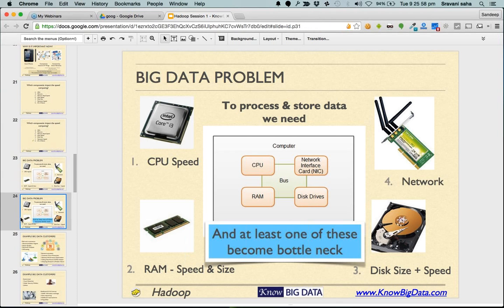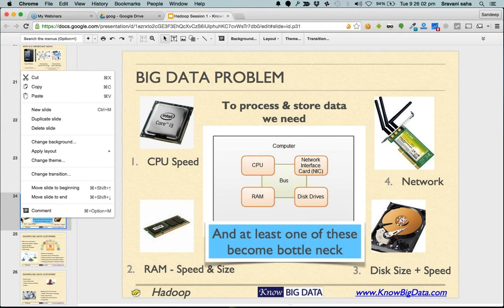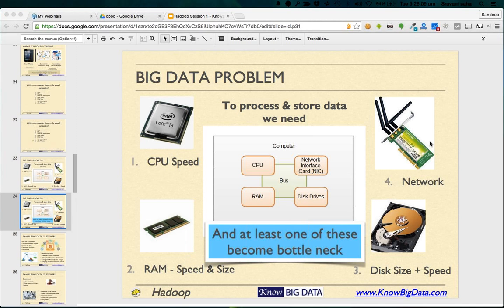All right. So when we deal with big data, at least one component of these becomes the bottleneck. Any questions at this point before we move forward?